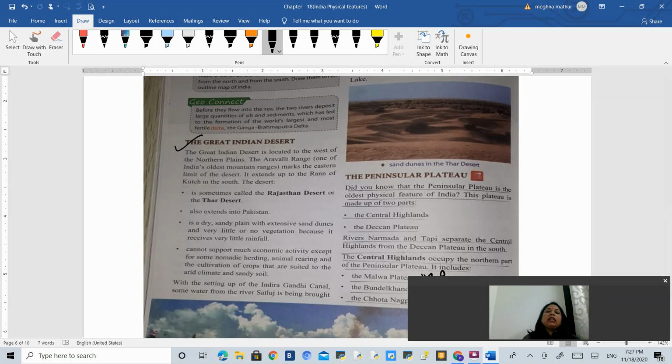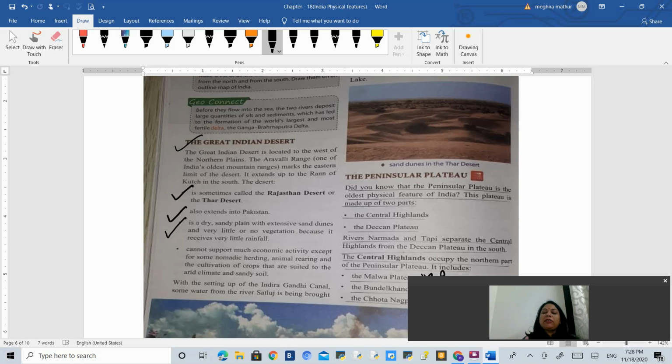Now there are certain features of the Great Indian Desert which have been given here in your book. The first is that it is also called the Rajasthan Desert or Thar Desert. It also extends into Pakistan, so it crosses the boundaries of India, and a certain extent lies in Pakistan also. It is a very dry and arid area. Arid means a very dry area where there is very less vegetation.